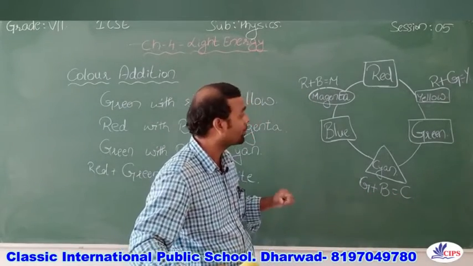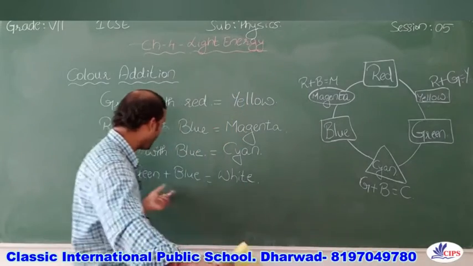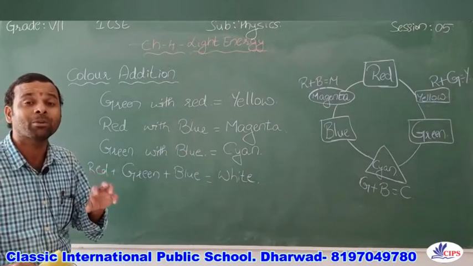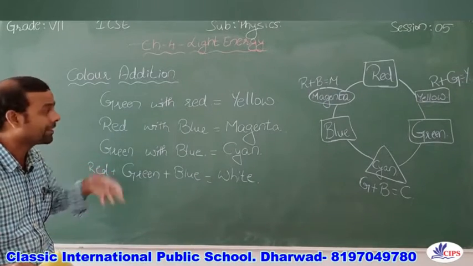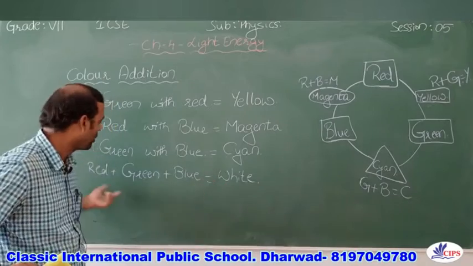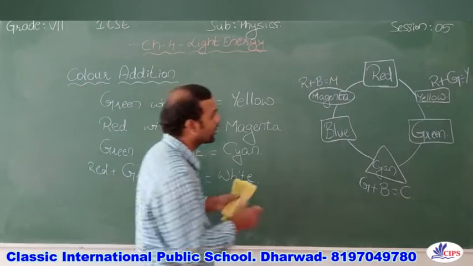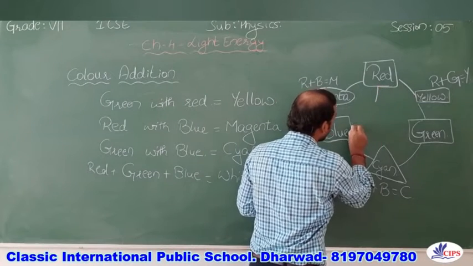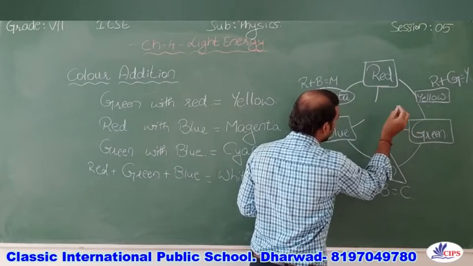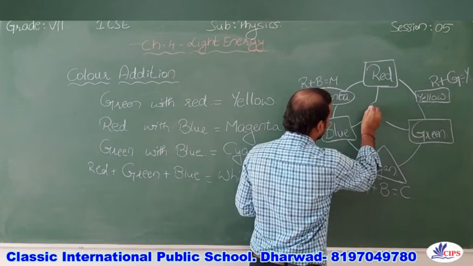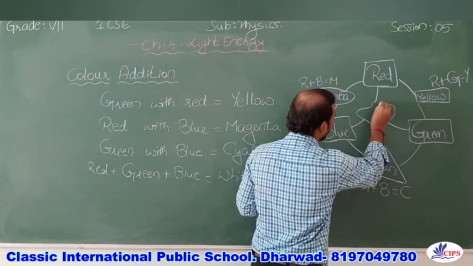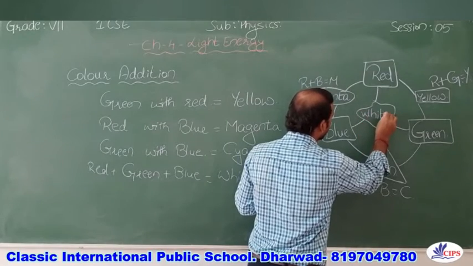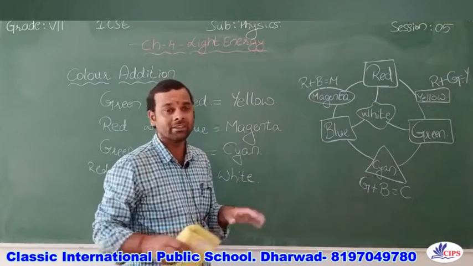Now what we actually know is that when all the three colors mix together in proper intensity, it gives you white. So red, green and blue together must give white, right? This is nothing but white. Is this clear?